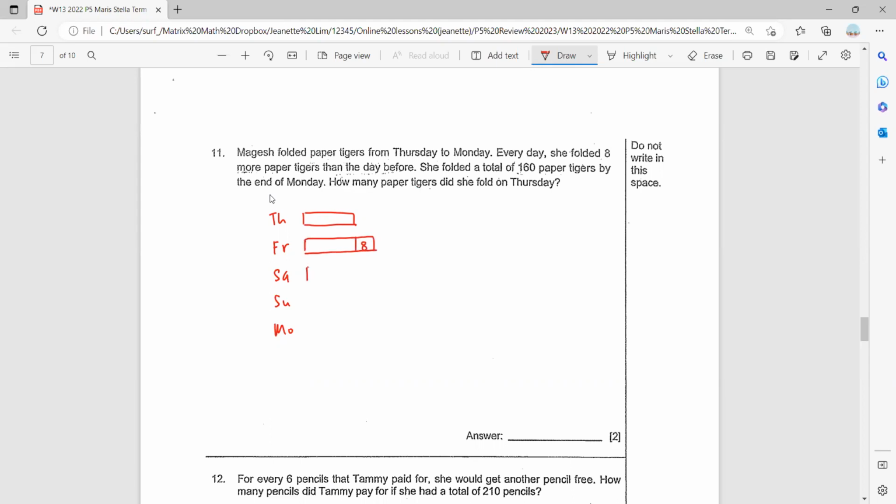On Saturday, another 8 more. Sunday, another 8 more. It's always 8 more than the previous day. Lastly, Monday. Total of 160.